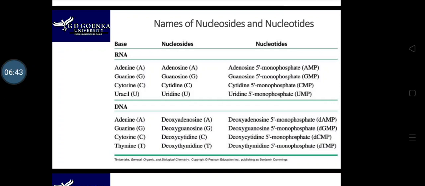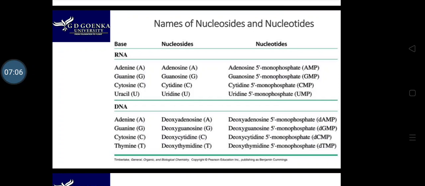Cytosine: the nucleoside will be cytidine and the nucleotide is called cytidine 5 prime monophosphate. If the base is uracil, the nucleoside will be uridine and the nucleotide made is uridine 5 prime monophosphate. So these are the nucleosides and nucleotides of RNA.